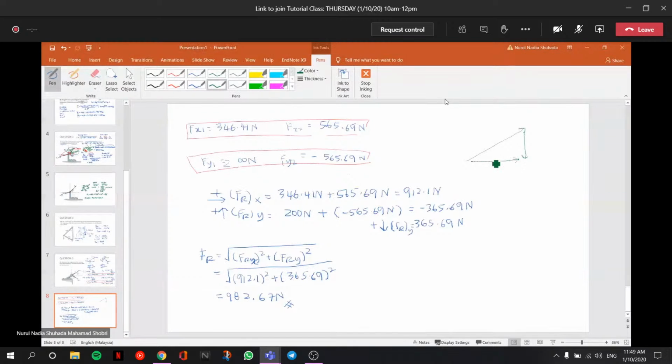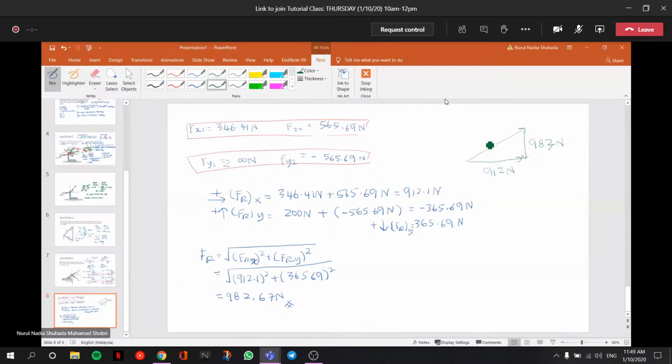Just now we got the x direction value here in Newton. The resultant force is 983 Newton.